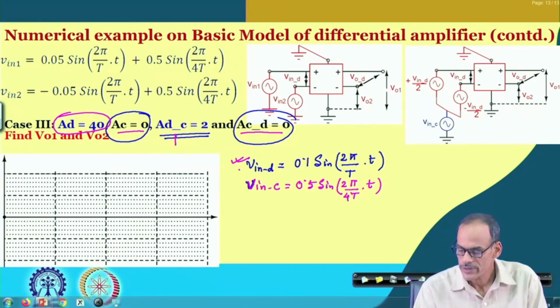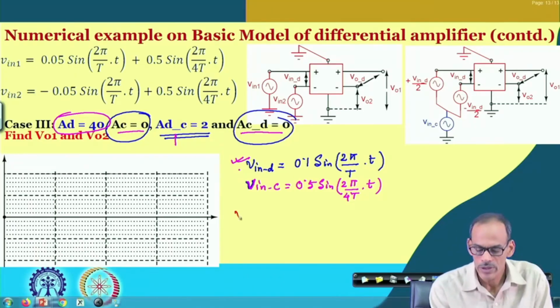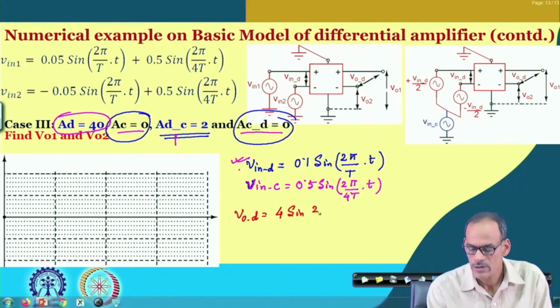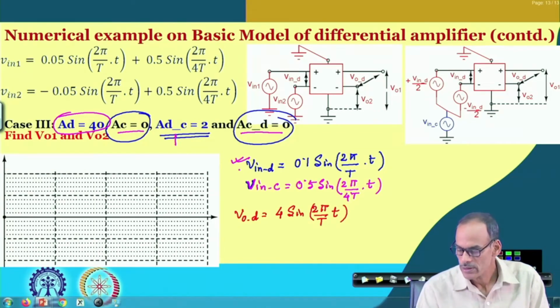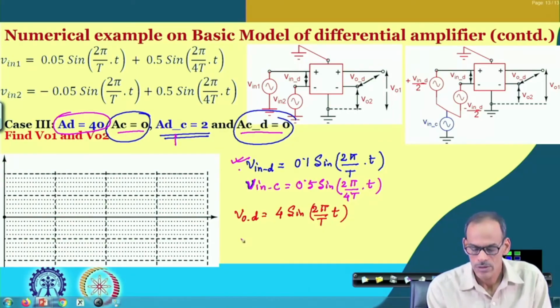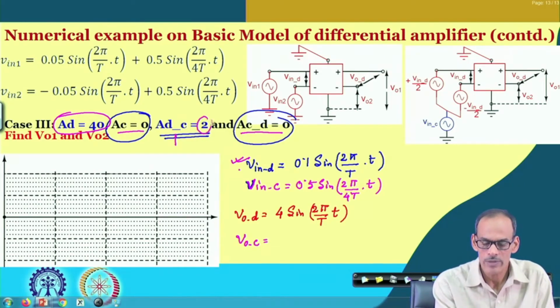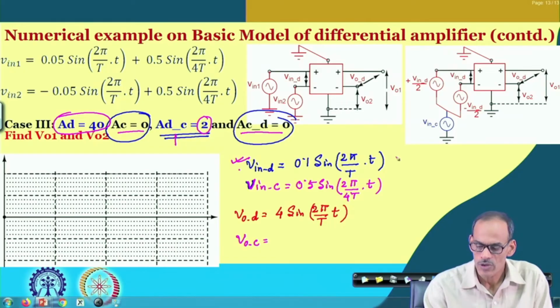So, what we will be getting here is VOD equals 4 sin 2 pi by capital T into small t, and VOC is 2 times of this differential signal.